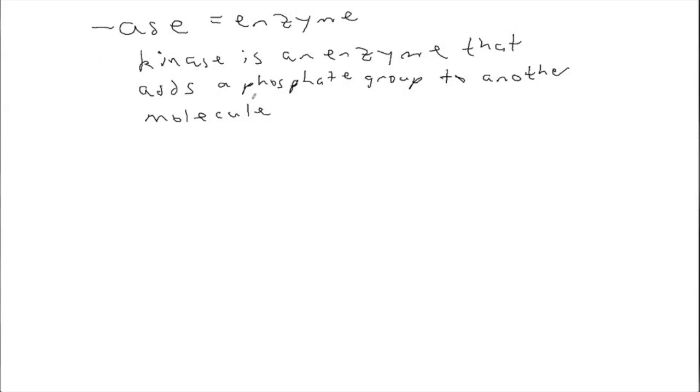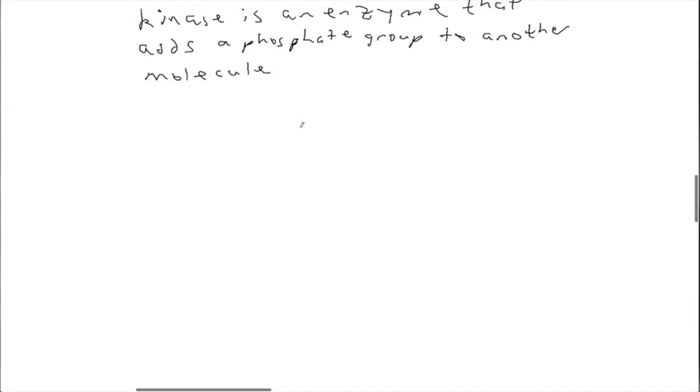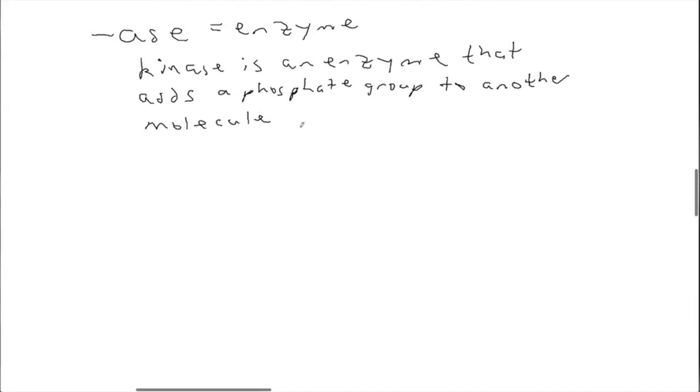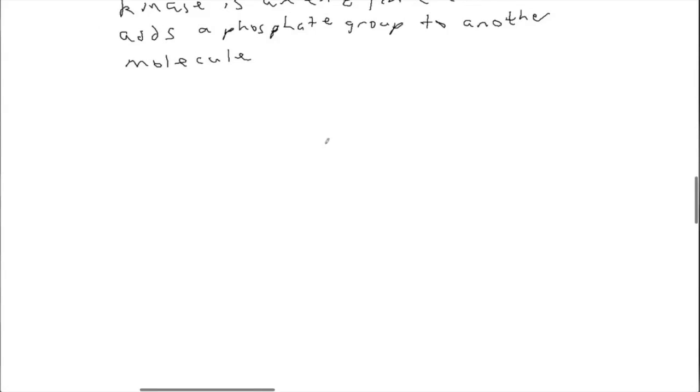A kinase is an enzyme that adds a phosphate group to another molecule. It's important to know that specific definition because kinases play an important role. So what type of molecule is a kinase? An enzyme. That's right. It's an enzyme that does what? It adds a phosphate group to another molecule.